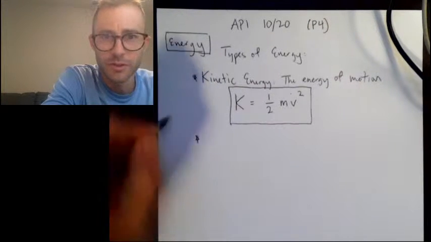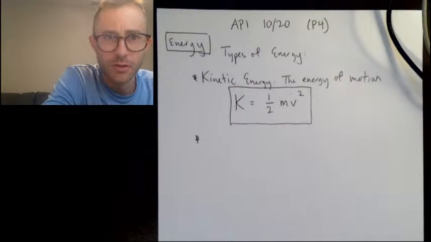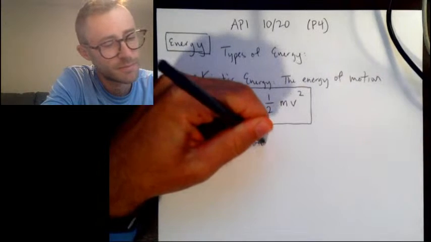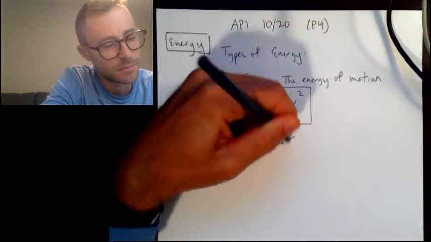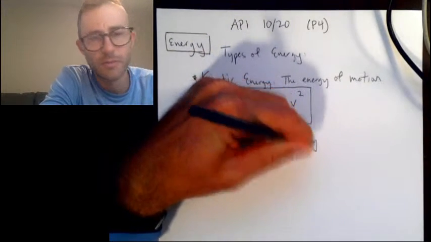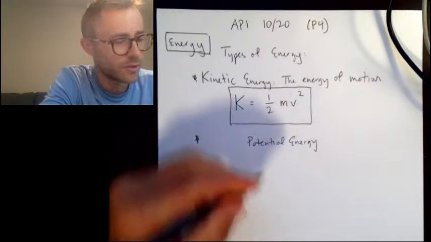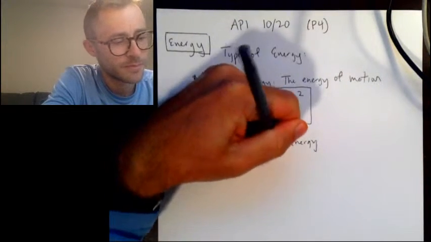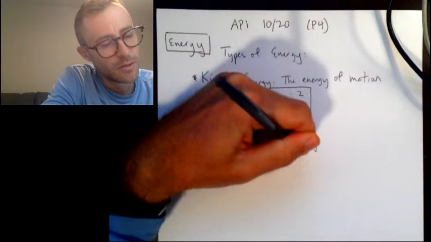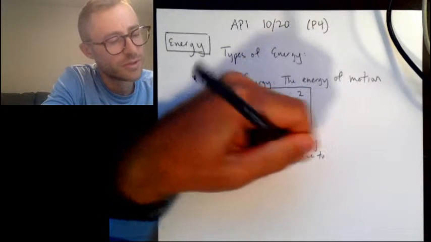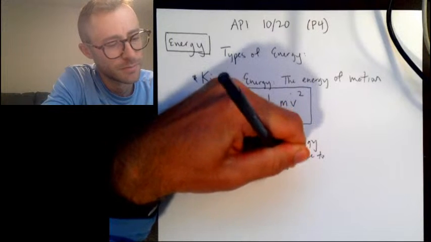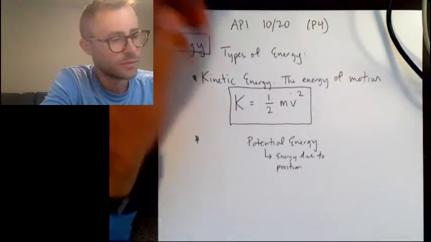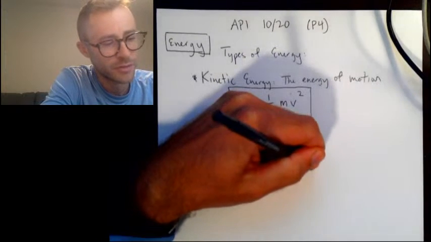Another form of energy is called potential energy. Potential energy is basically an energy that you have due to your position or due to your configuration.